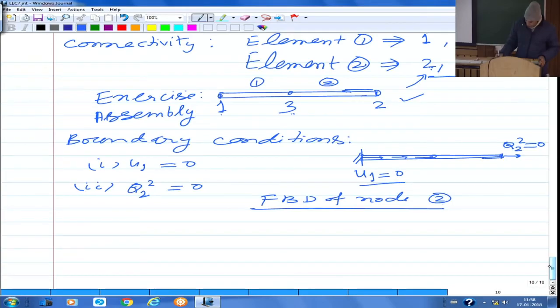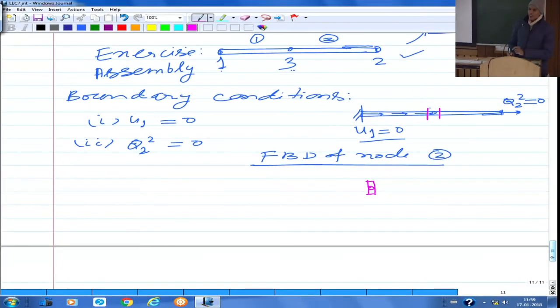I want to draw only the FBD of node 2 here, so just left of that let me take a section, and just right of that also let me take a section, and then draw the free body diagram. This is just the location where node 2 is lying. Now what are the forces acting on this?